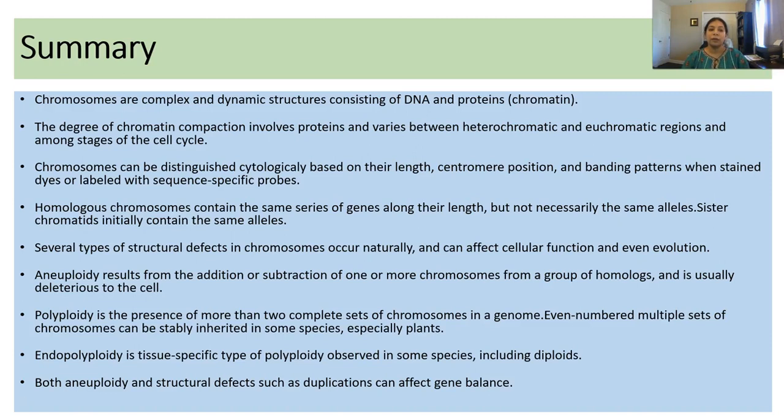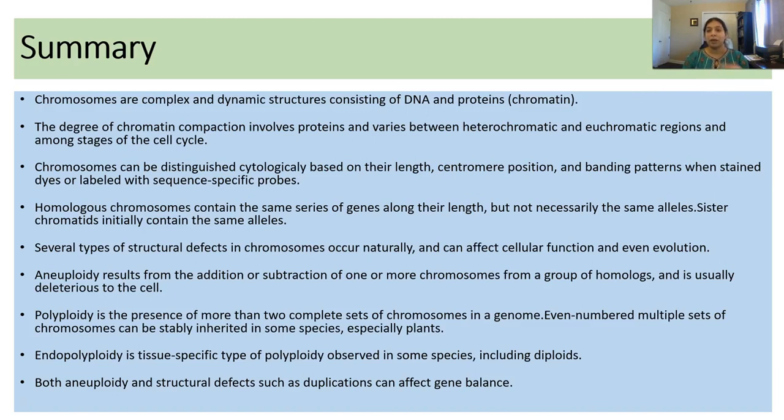And then finally, we talked about endopolyploidy, which is how you get those polytene chromosomes, where specific tissues in your organism are polyploid. This is observed in many, many species. We showed you an example of salivary polytene chromosomes in Drosophila.